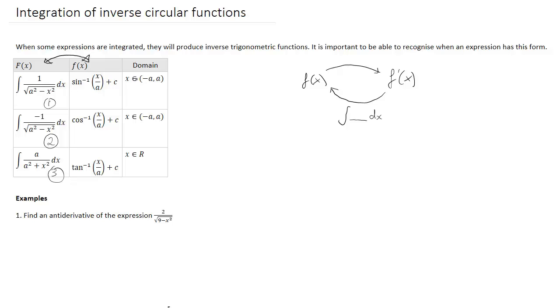And also there's a domain associated with the values of x. The reason why is if we look at the denominator here, there is an x value on the denominator, which means that not every value of x can be included, because x being on the denominator means there is some restriction to what x values are allowed.